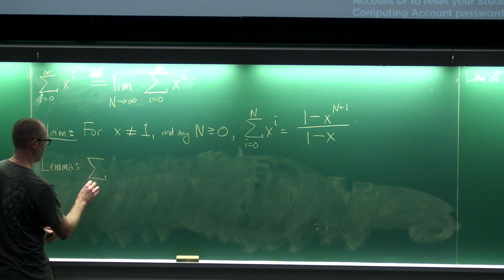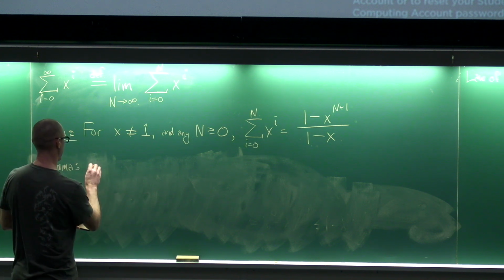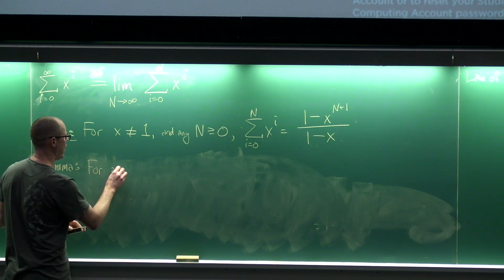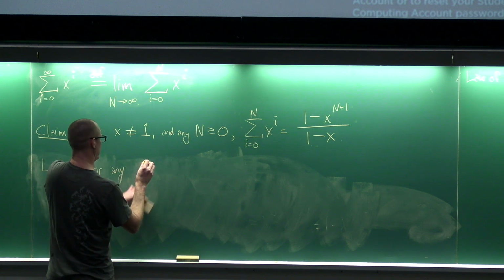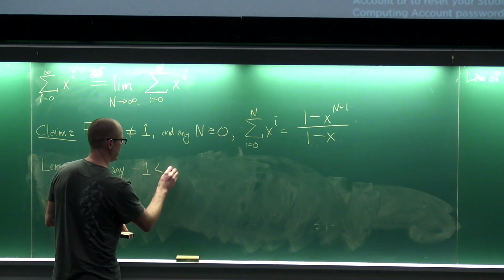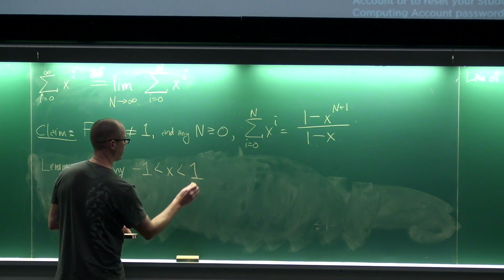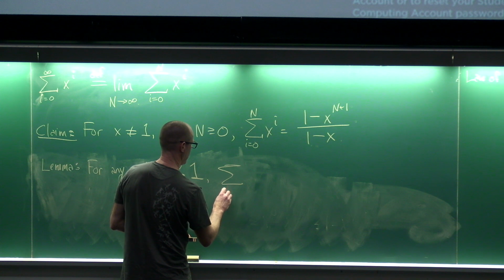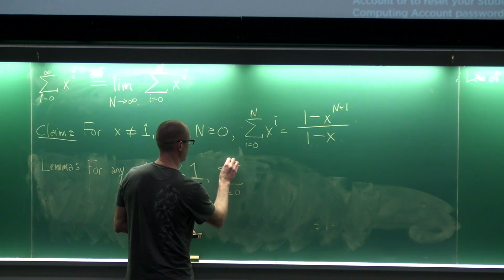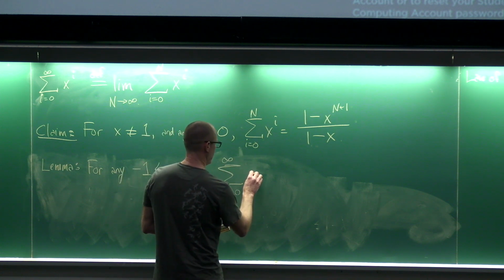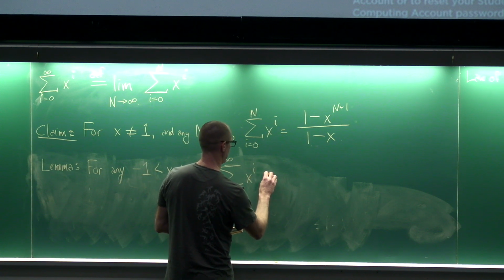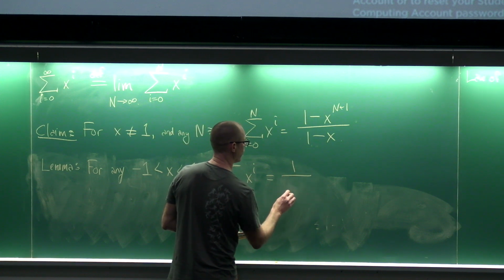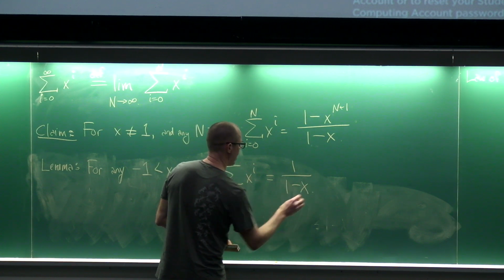Let's say for any x, let's be more careful, minus 1 less than x less than 1, the sum i equals 0 to infinity of x to the i is equal to 1 over 1 minus x.